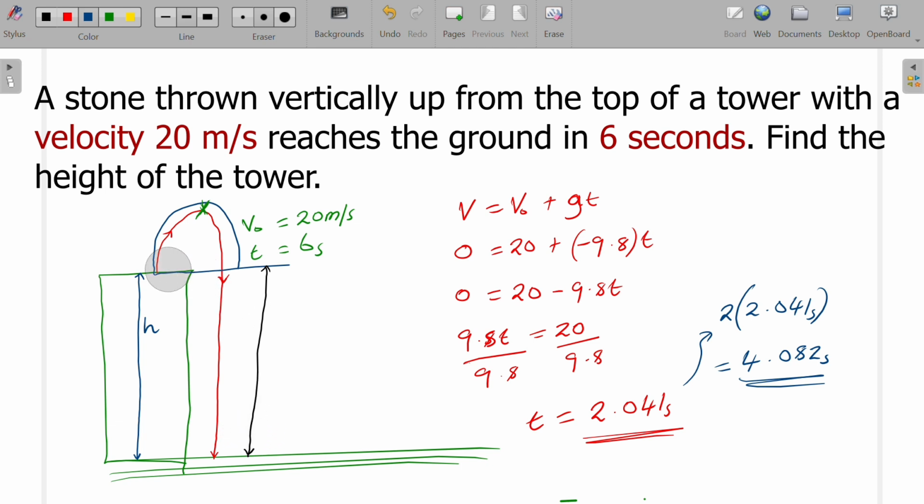Now, remember the time it will take from this point, go up, and then come down to the ground is 6 seconds. The time it takes from this point and back to that point is 4.082 seconds. It means from the 6 seconds, we have already used 4.082 seconds. So the time remaining is the time that will be used to move from this point to the ground.